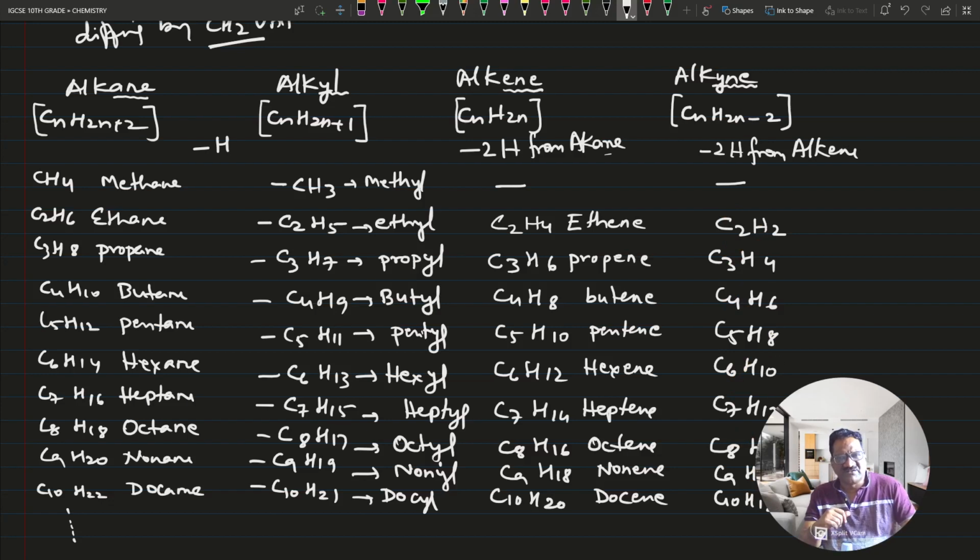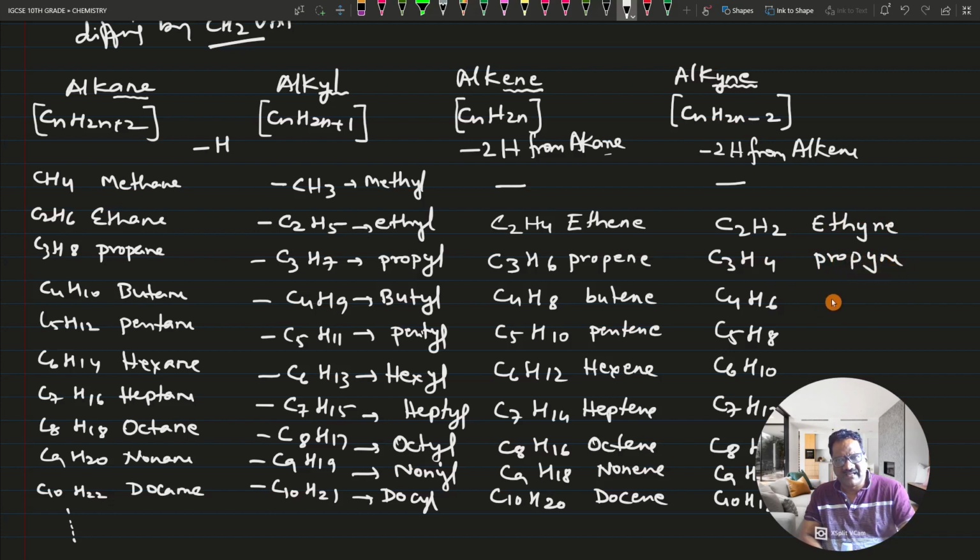These hydrocarbons you are getting by removing 2 hydrogen from the corresponding alkene, from the previous family. And how are we going to name them? This you are going to name as ethyne, ending with yne. This we are going to name propyne.